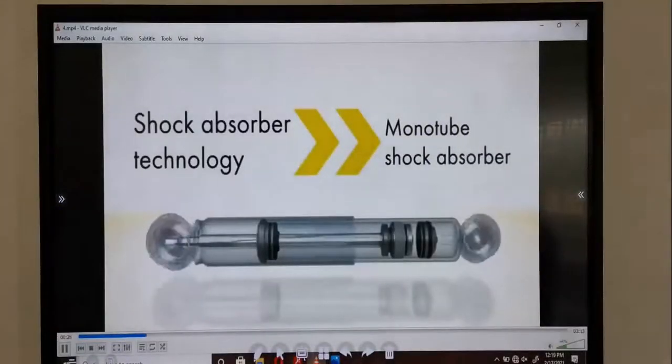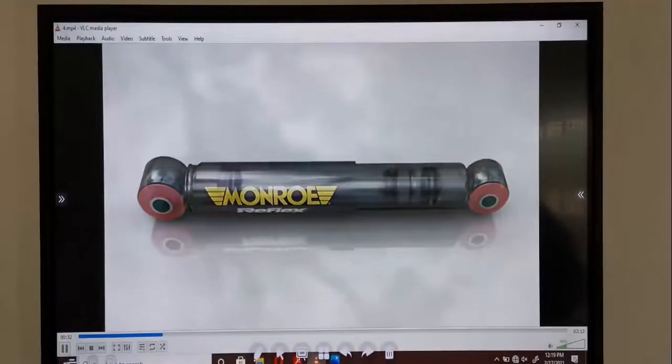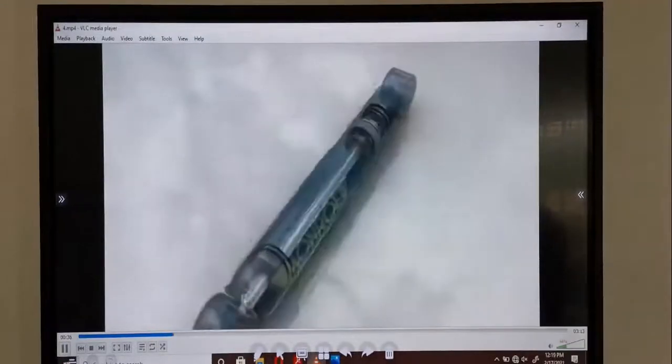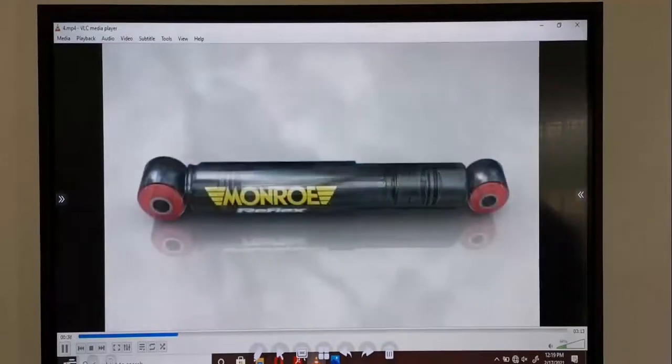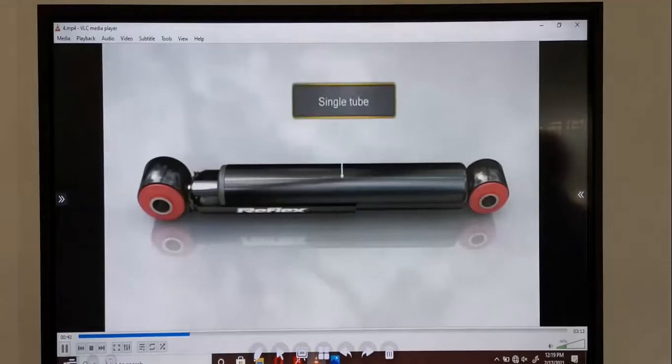This is a monotube shock absorber, that means one single tube. Monotube means single tube. So there is a single tube inside. Let's see the parts of the single tube.